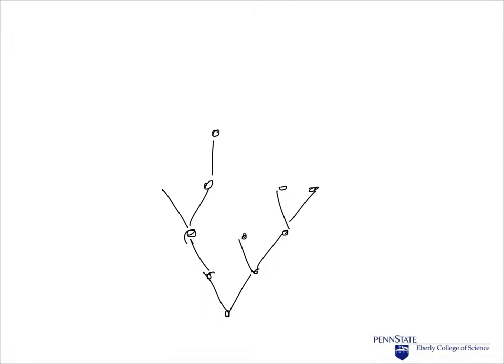So let's try to illustrate this a little bit. Let's assume we have a tree T here. Let's just put in a few branches. So now this here would be a dead branch. That means from there on there's no extension.